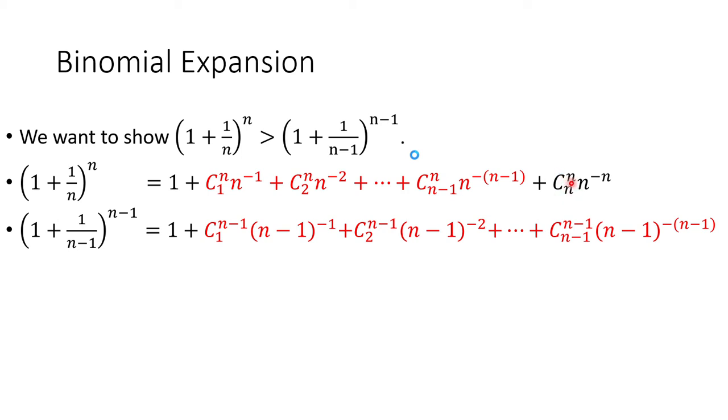Except the last term and the leading one, these n-1 terms will correspond to this. So our goal is to show each of the terms is larger than its corresponding term below.